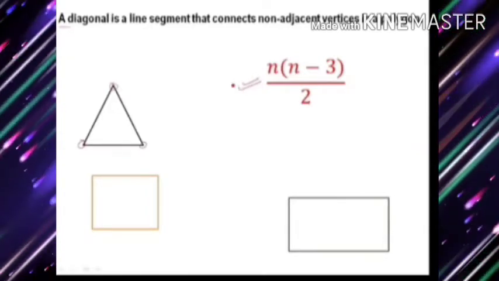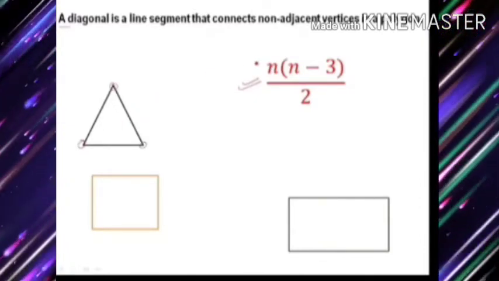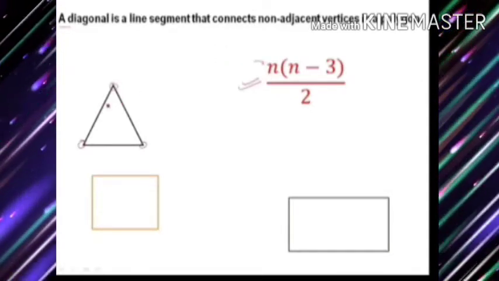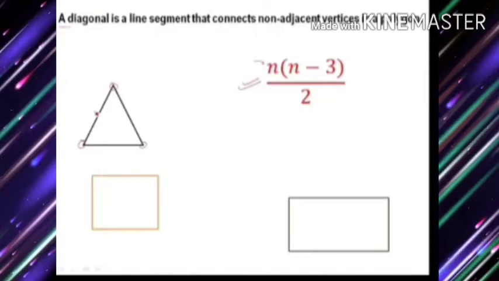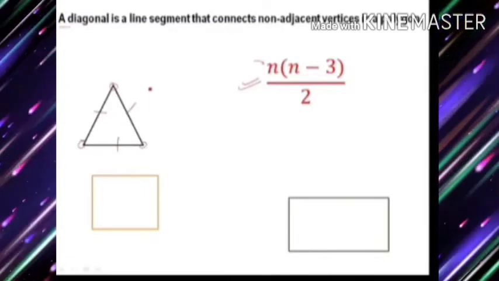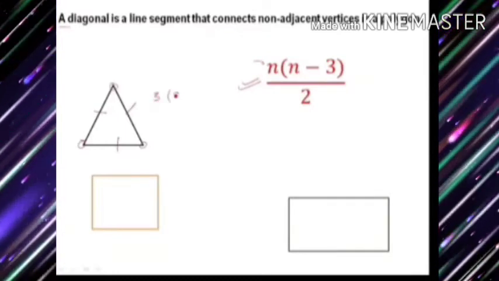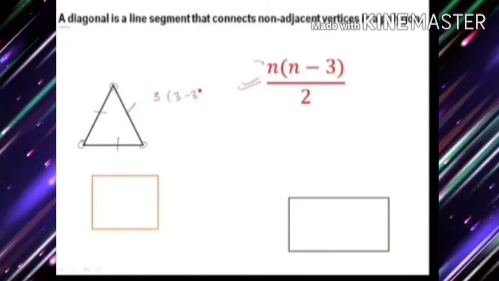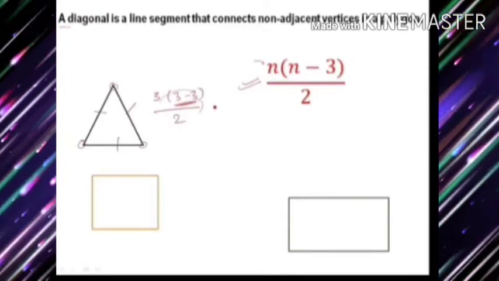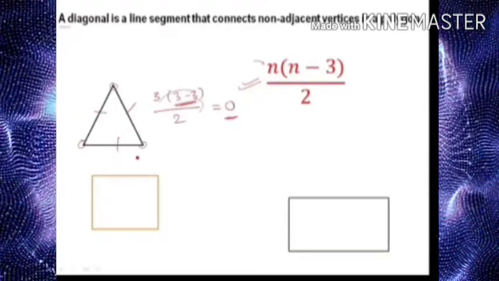Now our polygon is a triangle and triangle has 3 sides. So n will be 3. Substitute value of n in the formula, we will have 3 into 3 minus 3 upon 2. Now 3 minus 3 is 0. So it will become 0.